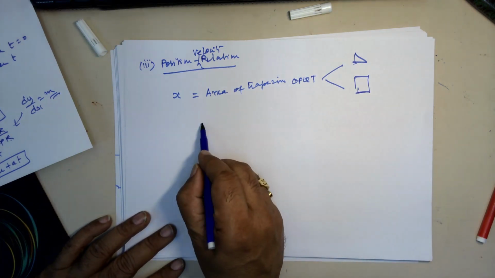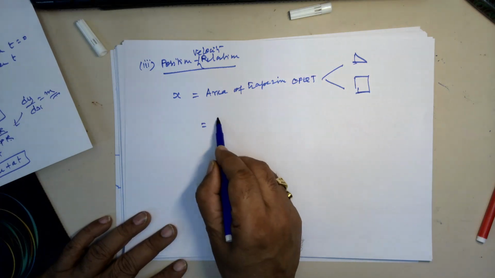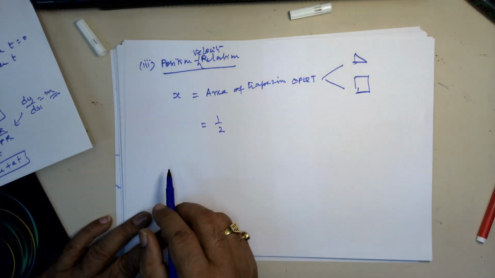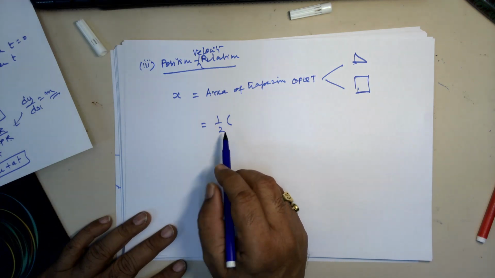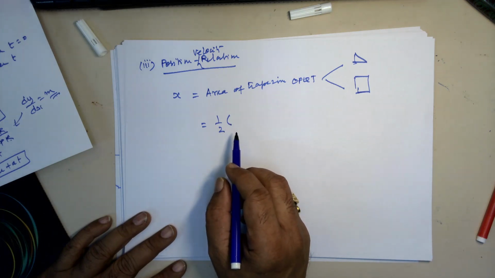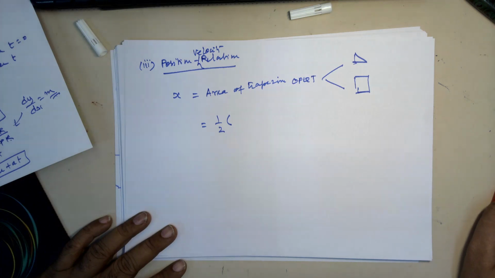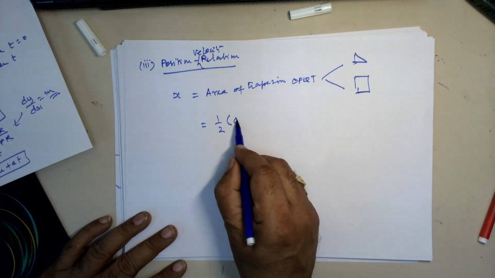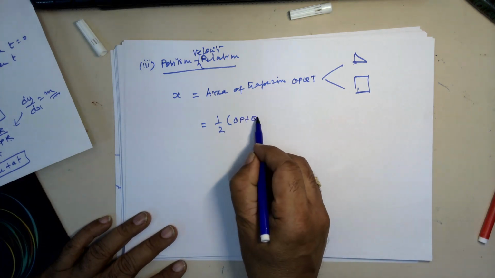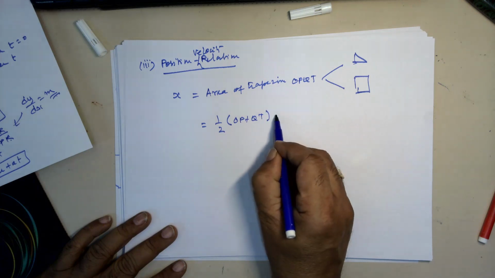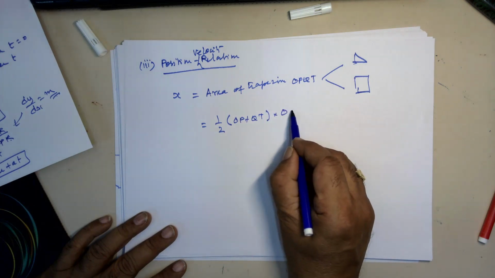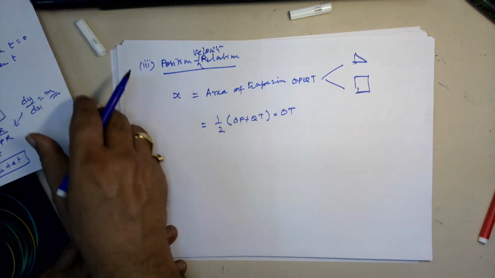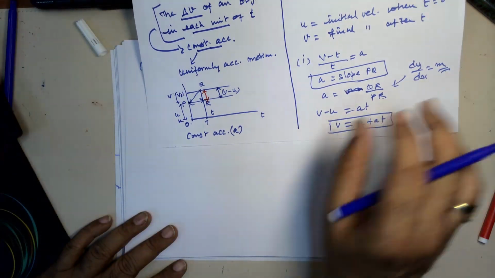So we can proceed with the same strategy, half into, this is OP plus QT into OT. What is this OP?